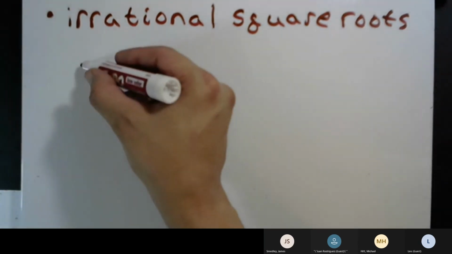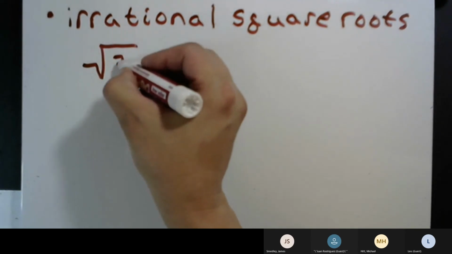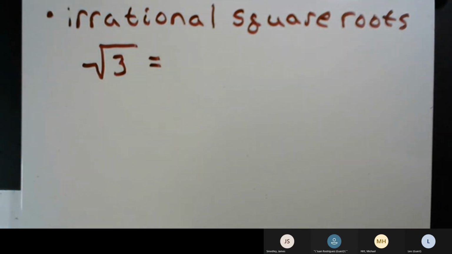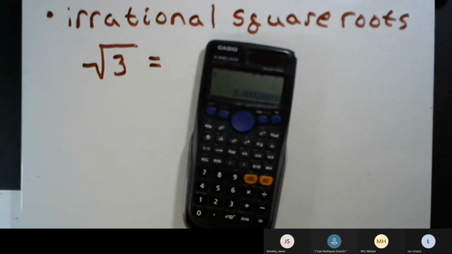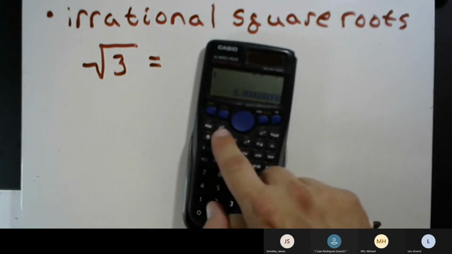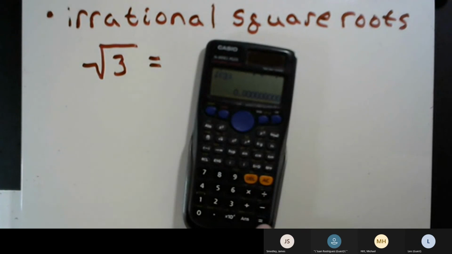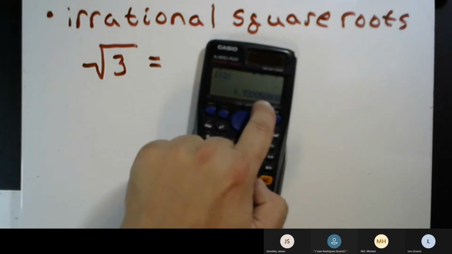So if you take the square root of 3, now this is something you're going to want to do in a calculator. I'm going to do this right now. So let's find the square root of 3. And I get this long number.